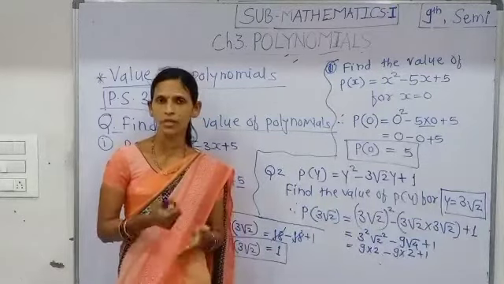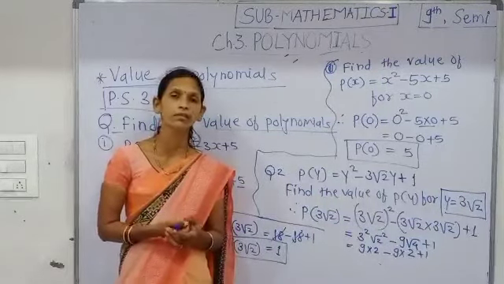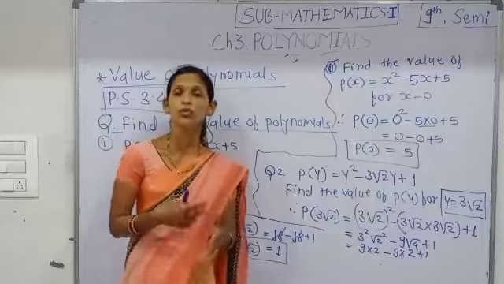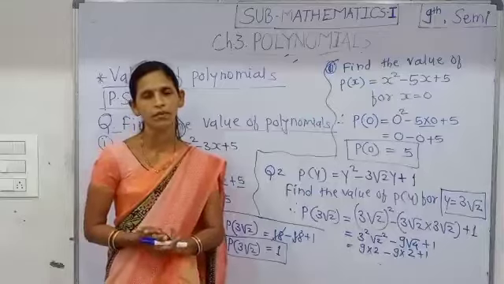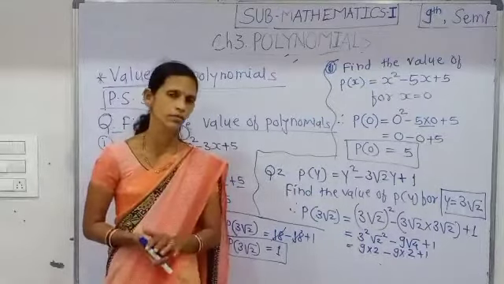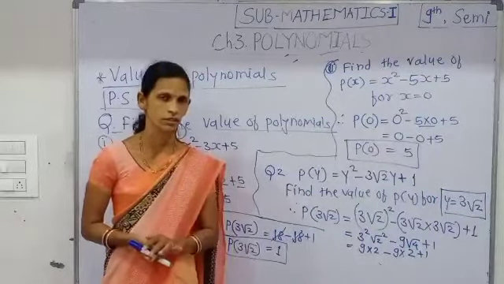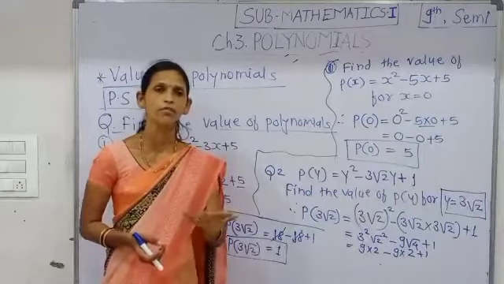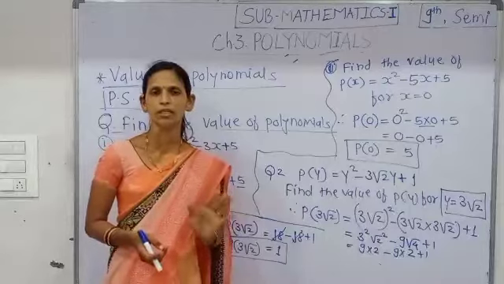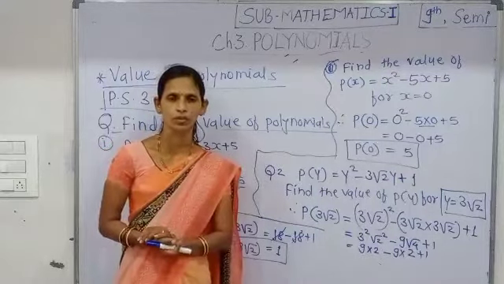In the next lecture we will discuss a few new concepts, that is, the remainder theorem and factor theorem of polynomials. Till then, solve the examples from practice set 3.3 and 3.4. Thank you.